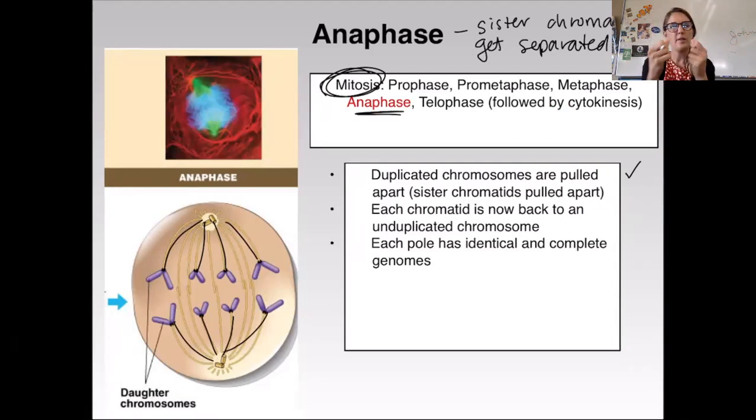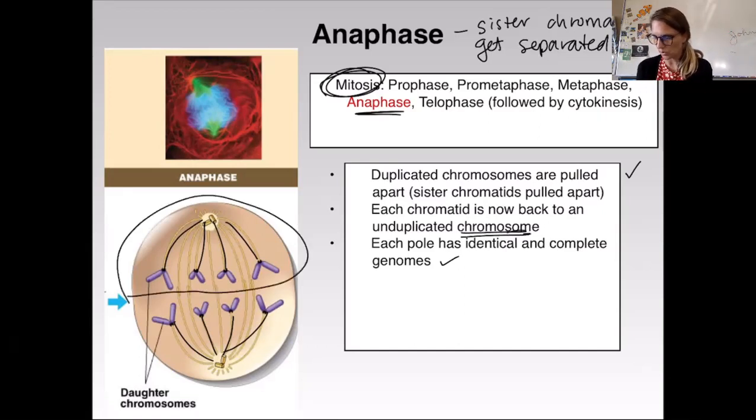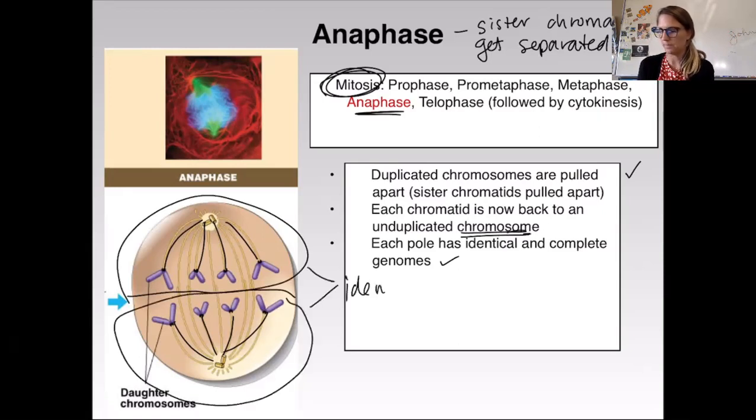And each of these chromatids goes back to being a single chromosome. So we're back to a single chromosome. Each pole should now have identical and complete genomes. So in anaphase, if we draw a circle around both, they should be identical.